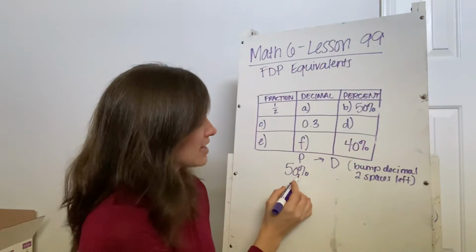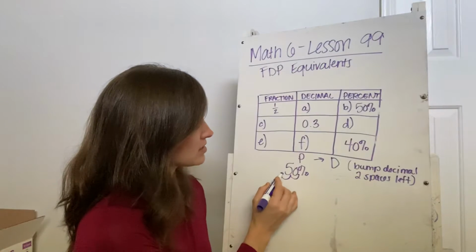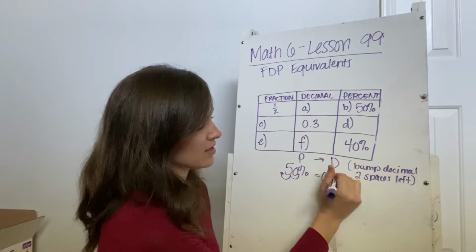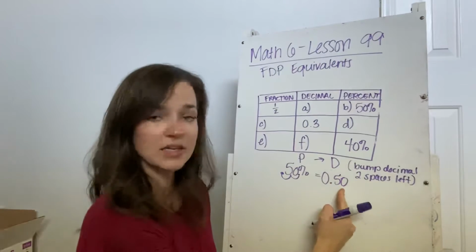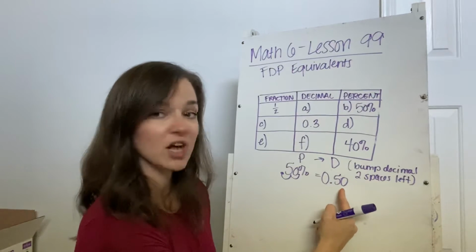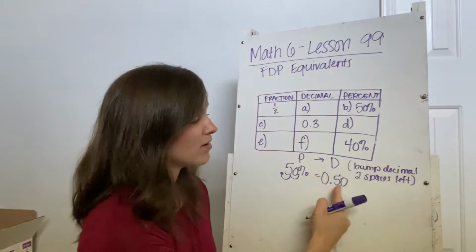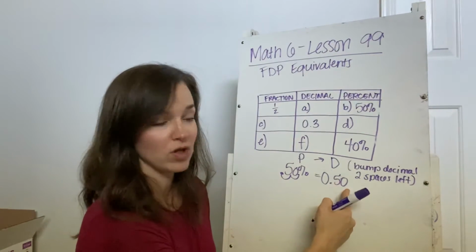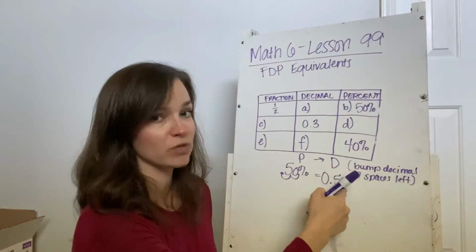Then we can take that decimal, bump it 2 spaces to the left, and rewrite that, which would look like this. Now, this 0 here at the end is actually not necessary, because if you have a 0 after the decimal at the end, you can remove it.